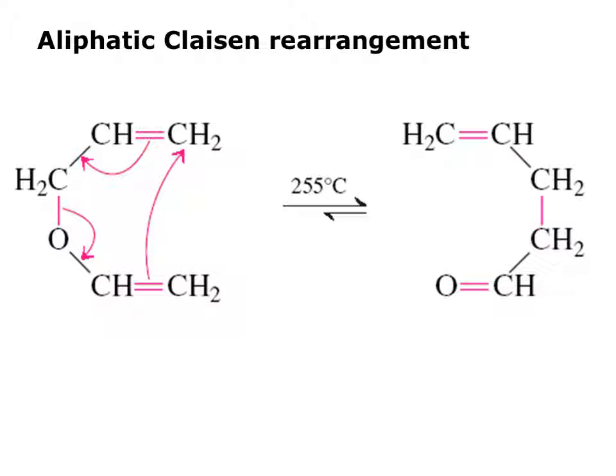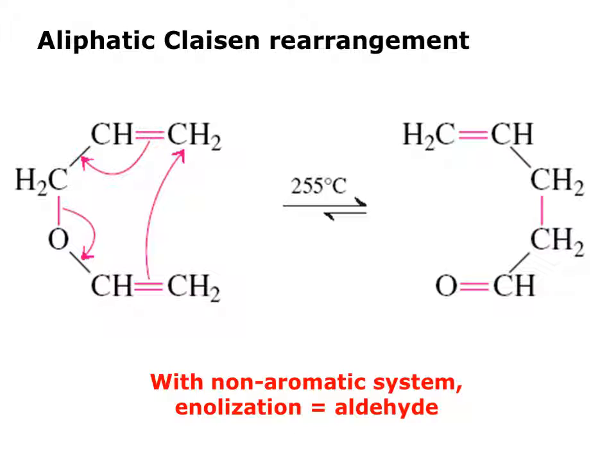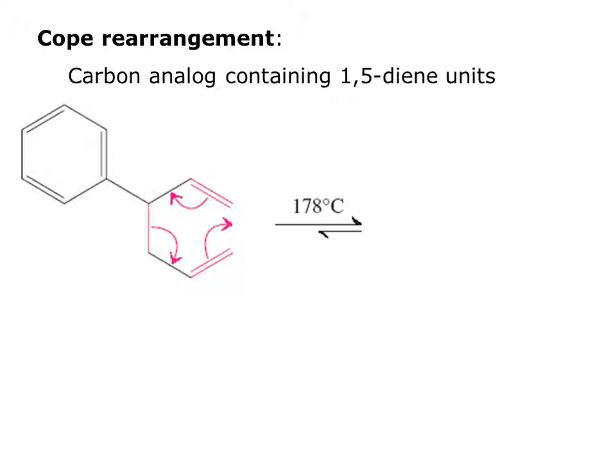Here we don't have that, so our keto-enol tautomerism is going to remain at an aldehyde, not an alcohol. You also can use this with just carbon systems. Here, looking at where our double bonds are in the terminal position, we can draw the same three arrows, giving us a more substituted double bond relative to our starting product.